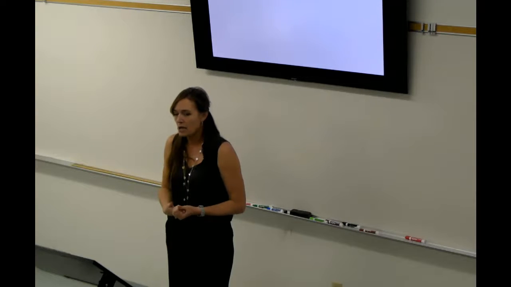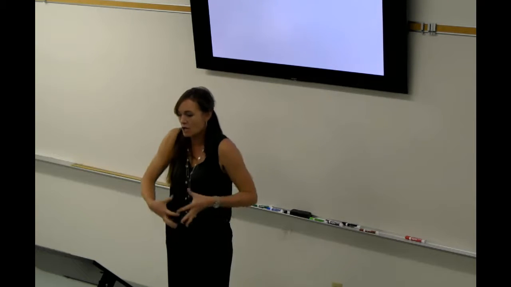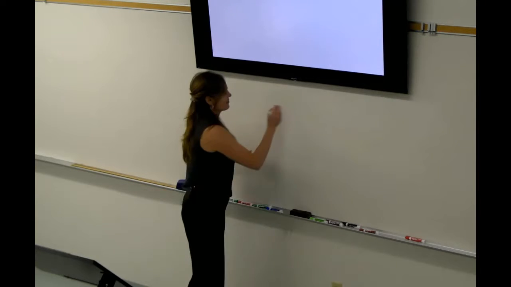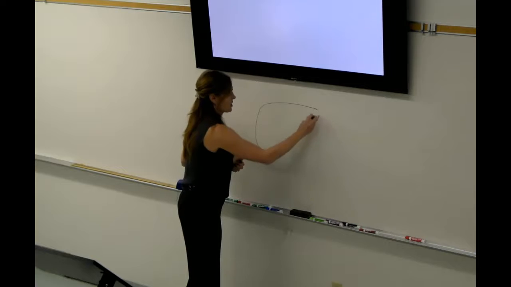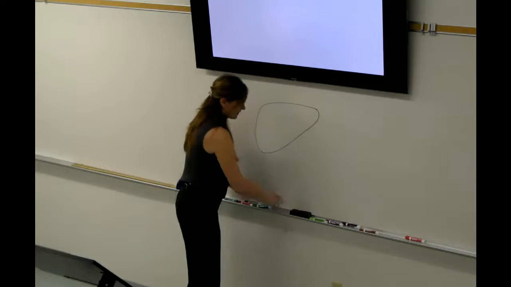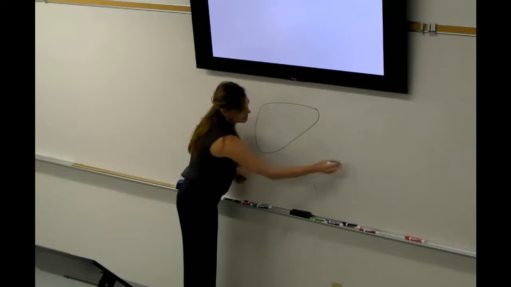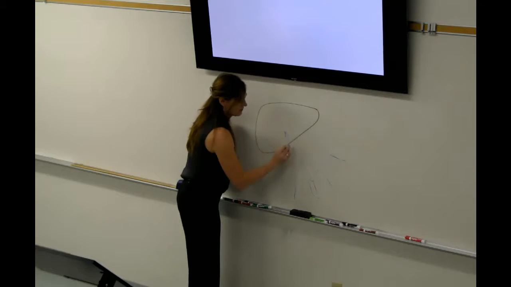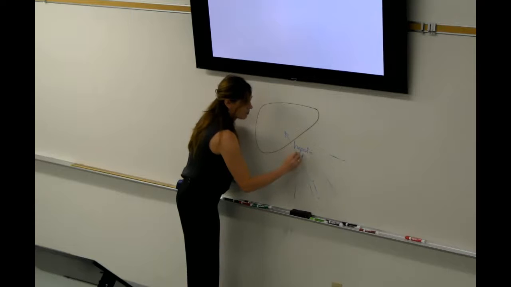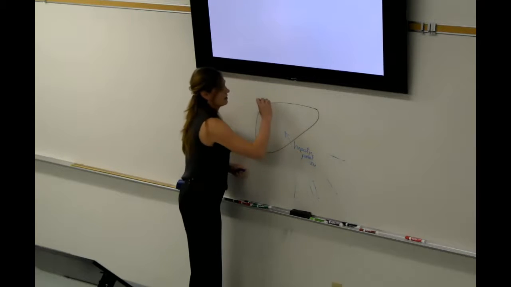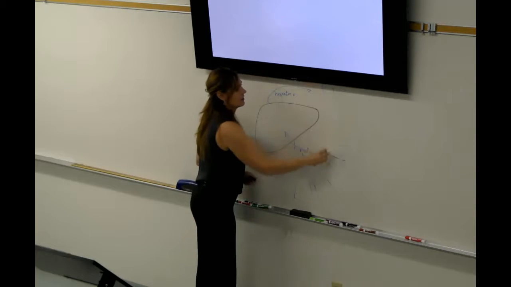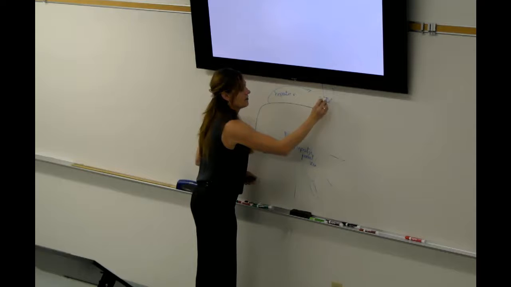Who can tell me another vessel that's bringing blood to the liver? But in this case, it would be oxygenated blood. Make this little triangle: from the guts and the spleen, lots of places come in to the liver. This was the hepatic portal vein, and then the clean blood leaves the liver by the hepatic vein, going into the inferior vena cava.